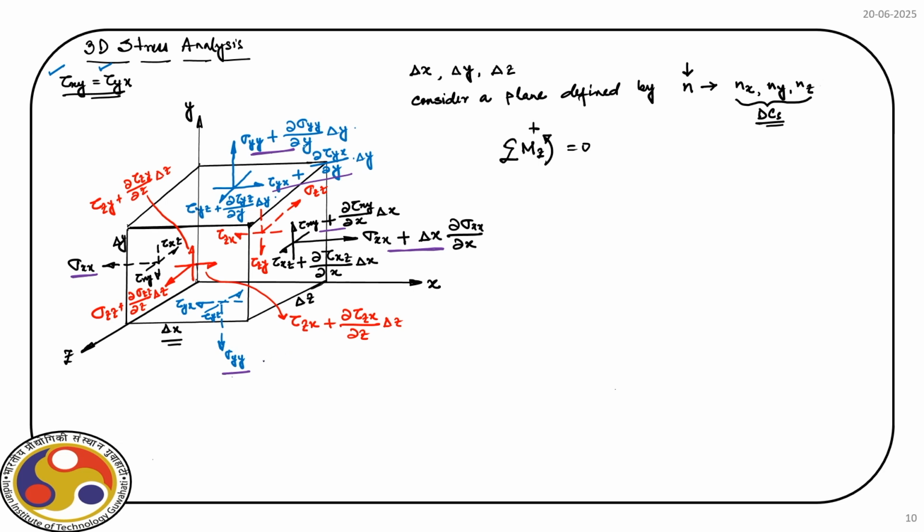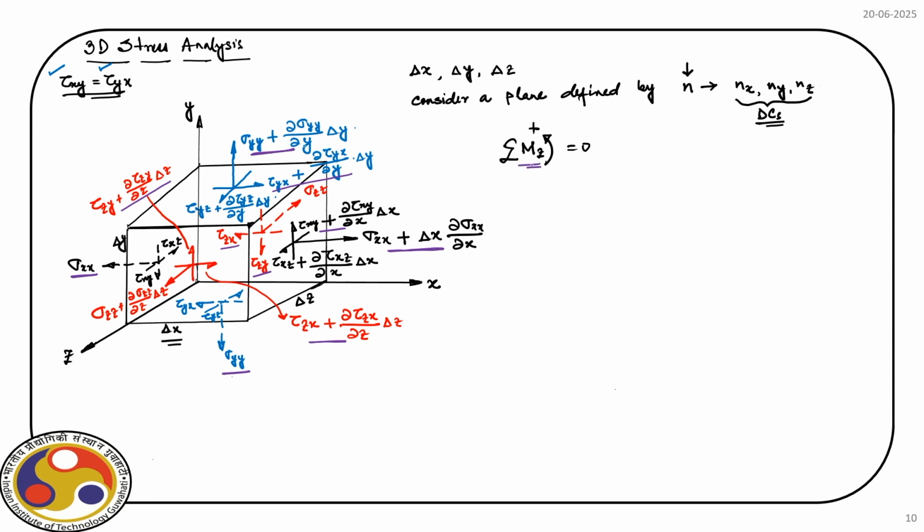The last one you can identify. So, tau z y. So, you have tau z y here and tau z y there. So, this will also cause a moment about z axis, and then we have tau z x and this one. So, these are the stress components that will contribute to M z, right.